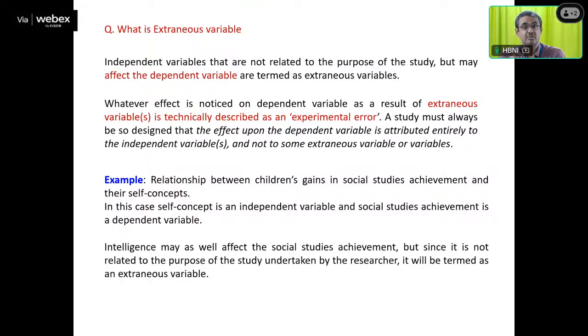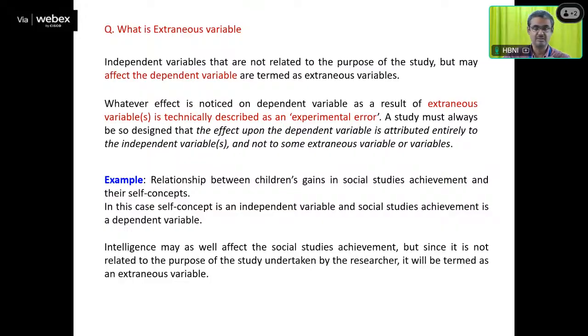Those independent variables which are outside the purpose of your study, but affect the quality and quantity of the dependent variable which you are studying, are called extraneous variables. Whatever effect is noticed on the dependent variable as a result of an extraneous variable is technically described as an experimental error.